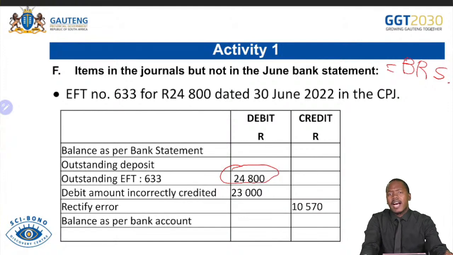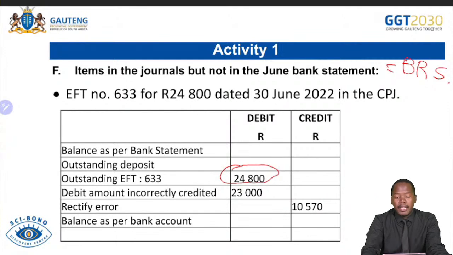Maybe a question can come and say, why is the 24,800 not appearing in the bank statement? One of the reasons would be that this EFT was issued or made after the bank statement was closed. It is written 30 June and our bank statement closed before that.